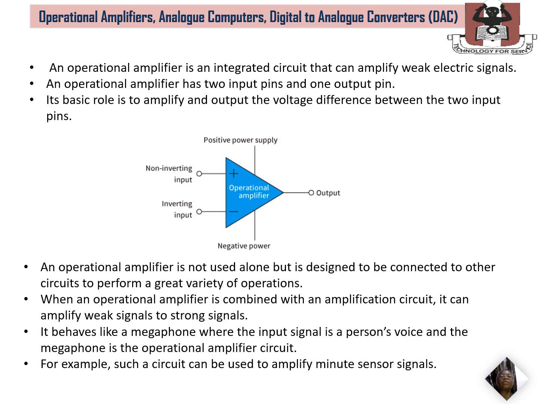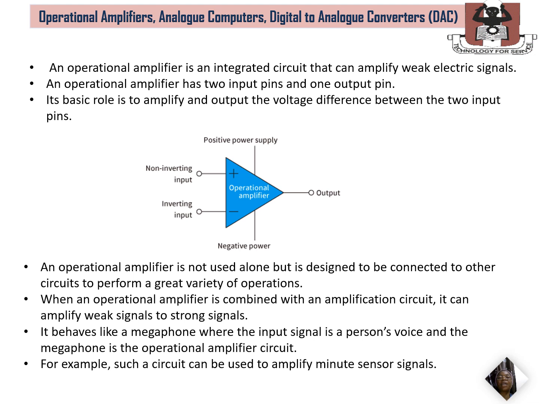So let's also go into operational amplifiers, analog computers, digital to analog converters. An operational amplifier, as shown in this diagram, is an integrated circuit that can be used to amplify weak electrical signals.